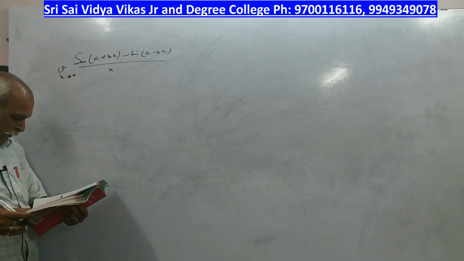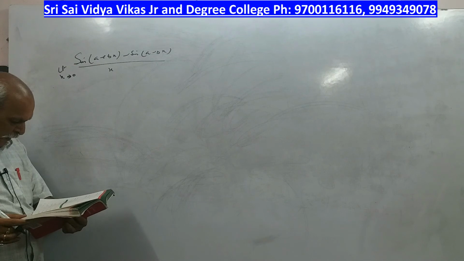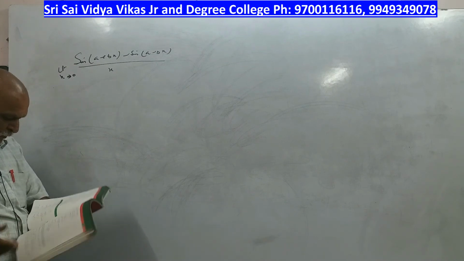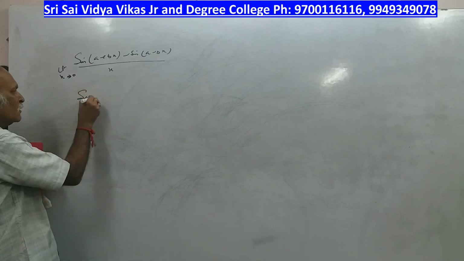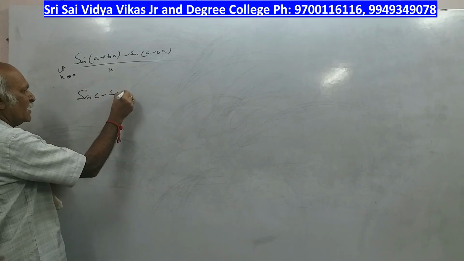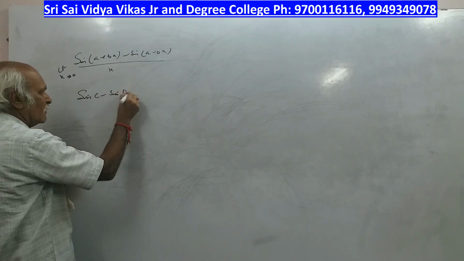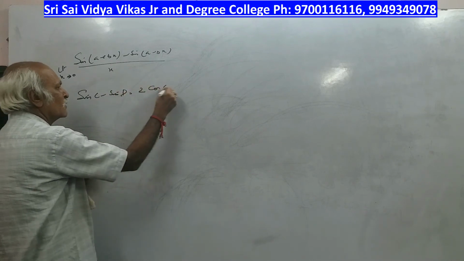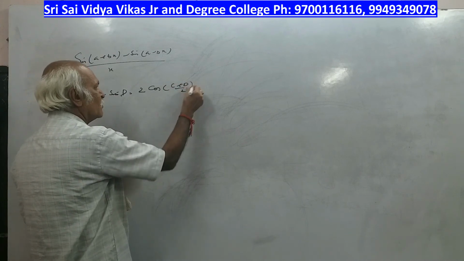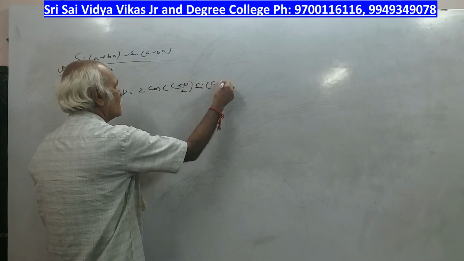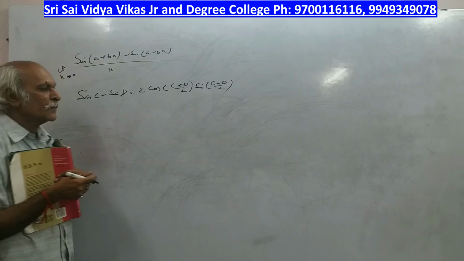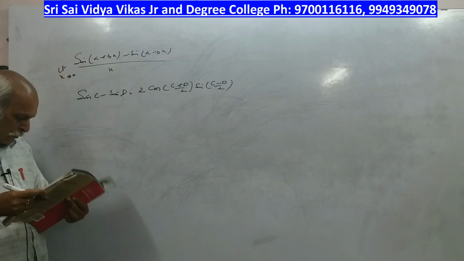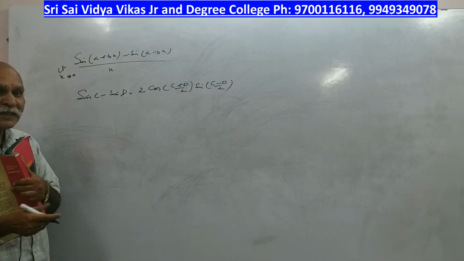Look at here, sin of a plus bx minus sin of a minus bx by x. Now I am applying one formula: sin c minus sin d is equal to 2 cos of c plus d by 2 into sin of c minus d by 2. Which formula am I applying? 2 cos c plus d by 2 sin c minus d by 2.